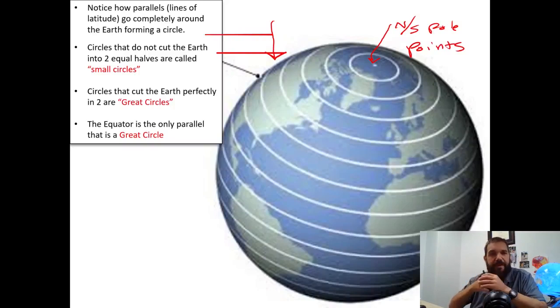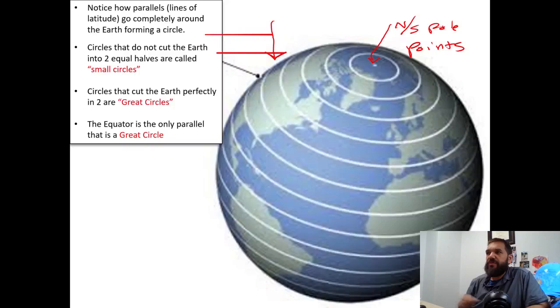So it's kind of cool because when you say 90 degrees north or 90 degrees south, that tells you an exact point on the surface of the Earth. Usually you need two numbers, right? You need to tell me the latitude and the longitude, but in this case, I only need to tell you the latitude in order to know exactly where you are on Earth. 90 degrees north, 90 degrees south. It's the only place where latitude is just a point and not a circle, okay?